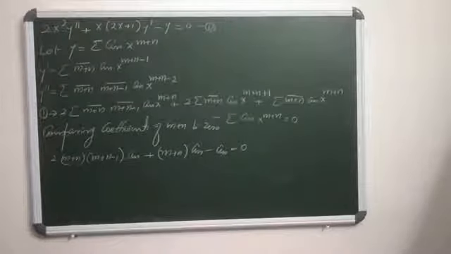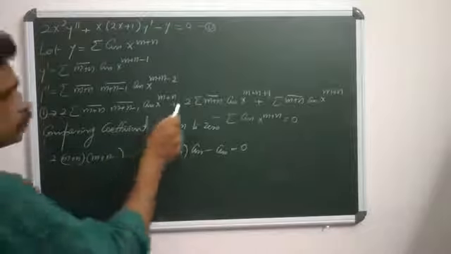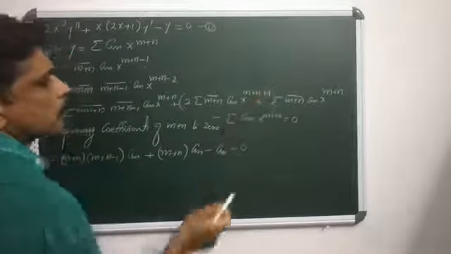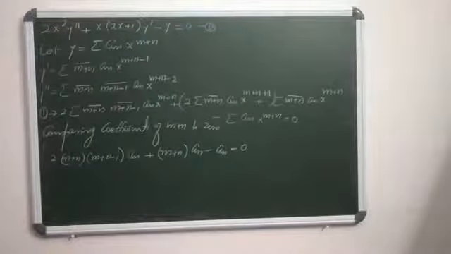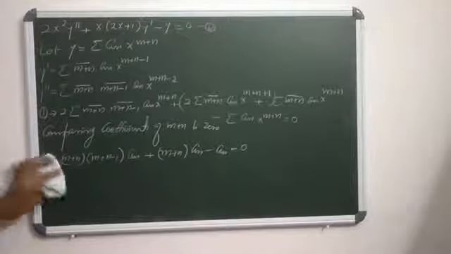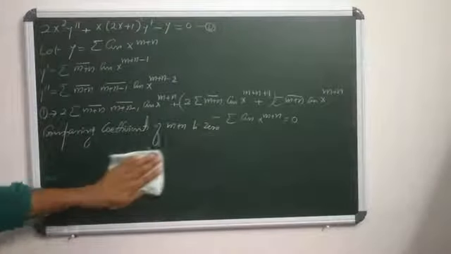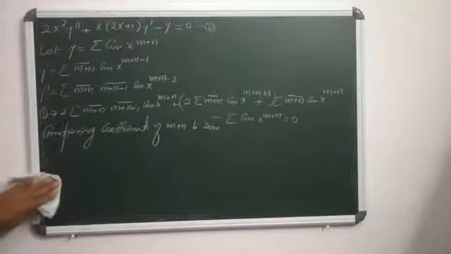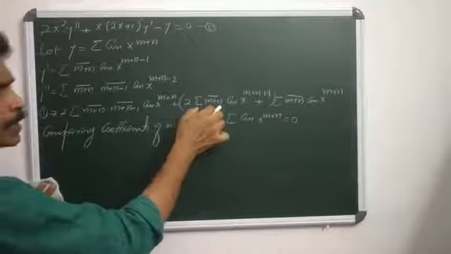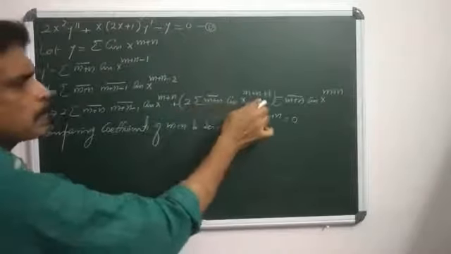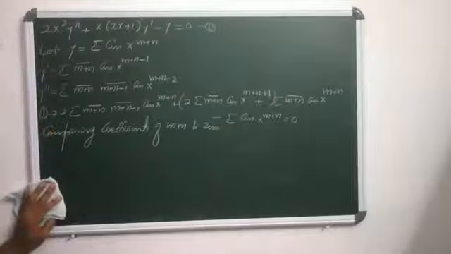Now, before going to that one, there is a term involving x^(m+n+1). So how to compare that one? Before comparing, this can be rearranged: the second term is rearranged by replacing n by n minus 1.